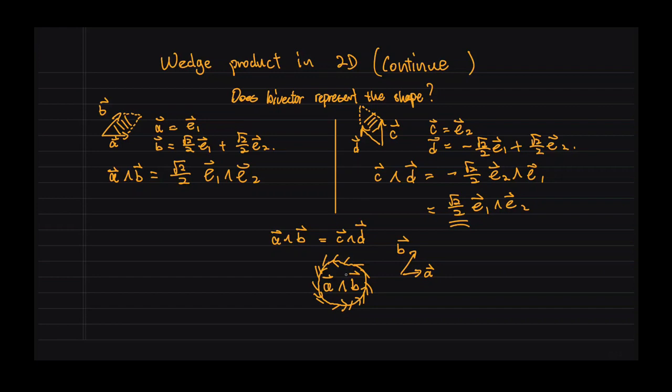We can change the shape, since here the parallelograms are different and yet we have the same bivector. The bivector represents the surface patch and the orientation, but doesn't represent the shape.